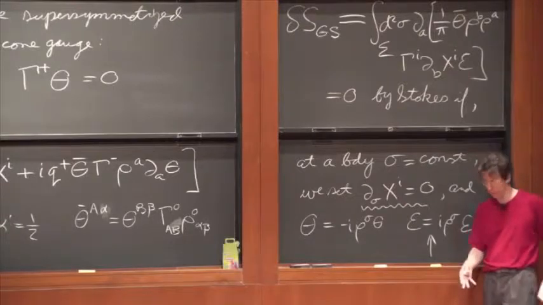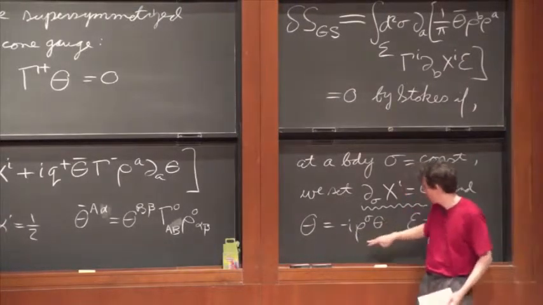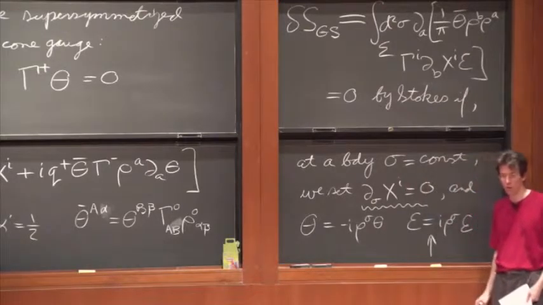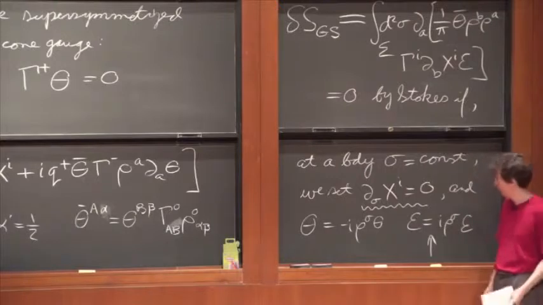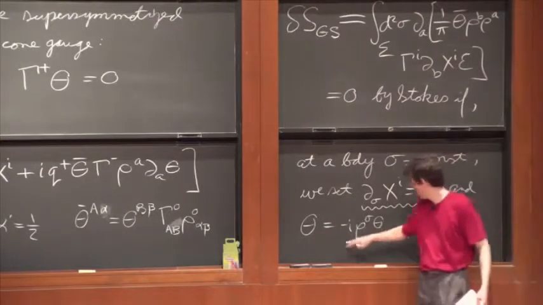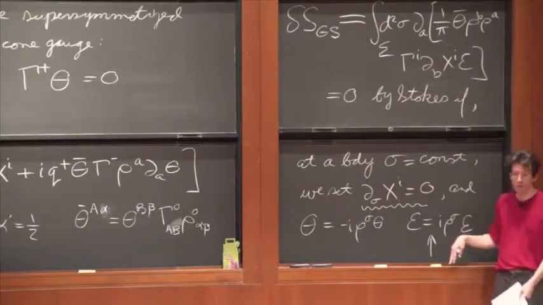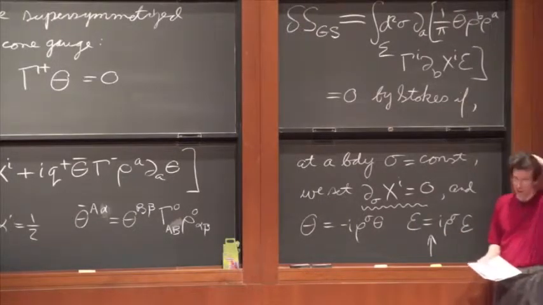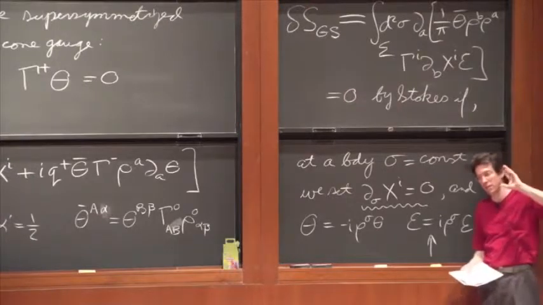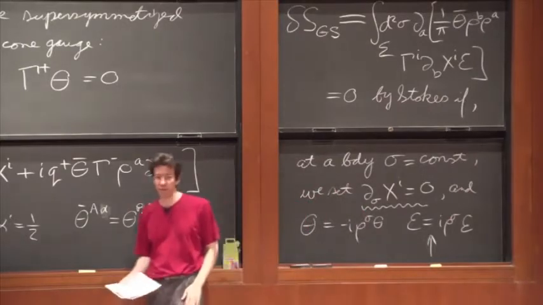There should be 16 supersymmetries. This condition, it turns out, is the correct one to impose at the boundary. If you start imposing funny different boundary conditions on theta or worse yet on epsilon, then what you're going to find is that there is no supersymmetry. There is no space-time supersymmetry left. And so I would just say that's an incorrect choice of boundary conditions to describe a supersymmetric theory.